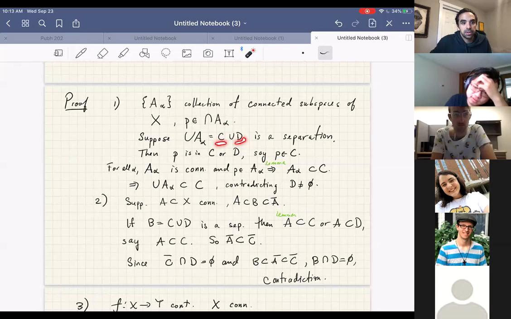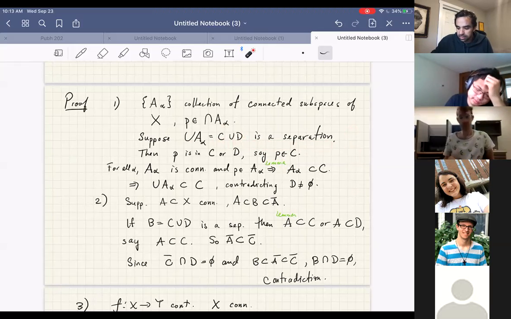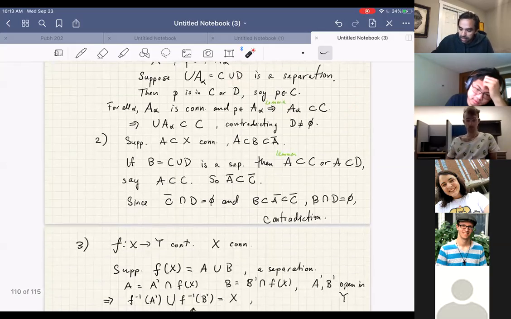So there's no separation. That's another way of formulating the argument, but it's the same thing as assuming you have a separation and getting to a contradiction. Just a style matter.